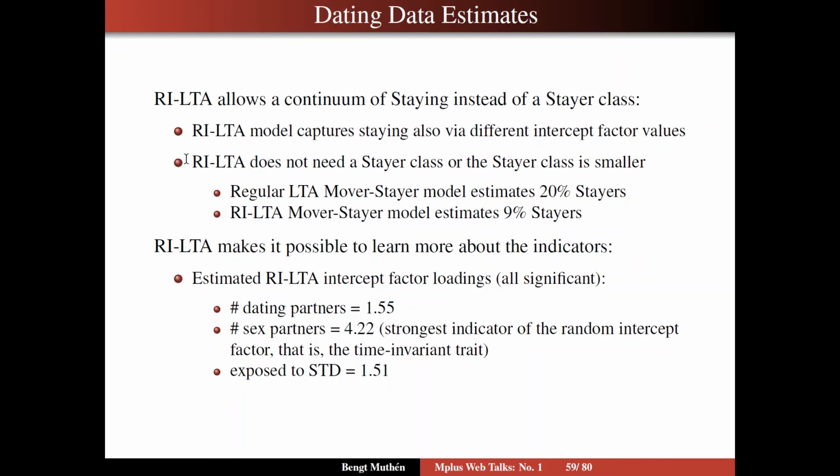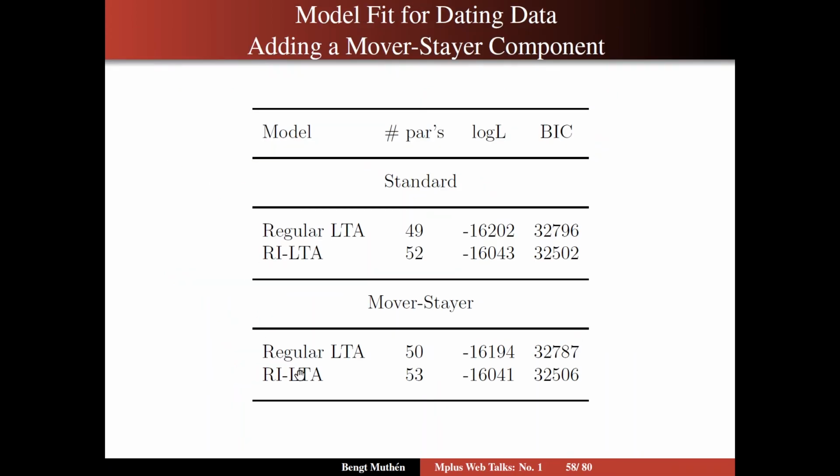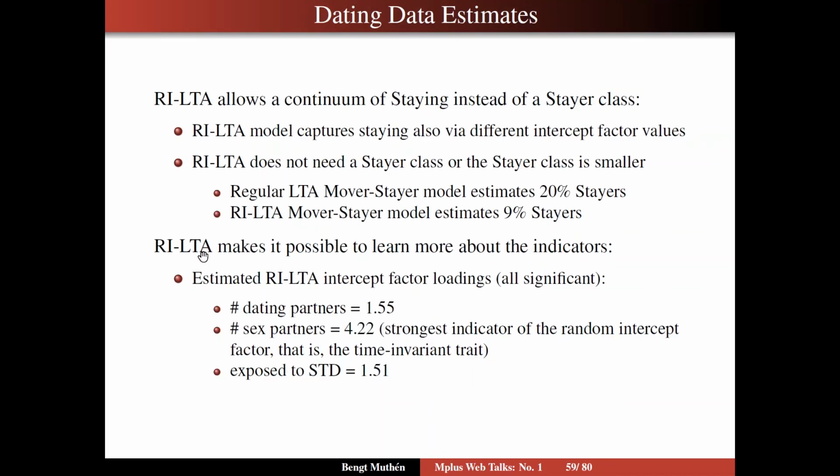So RI-LTA does not need a stayer class, but if you add a stayer class, as we did on the previous slide, you get 9% stayers, whereas with regular LTA, you get 20% stayers. So the two models disagree there as well.